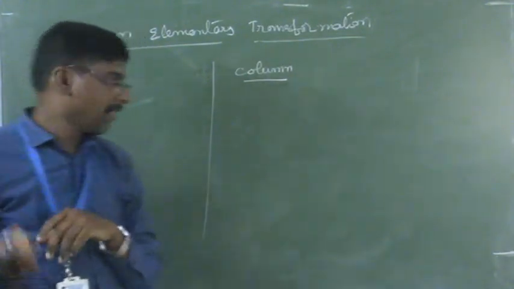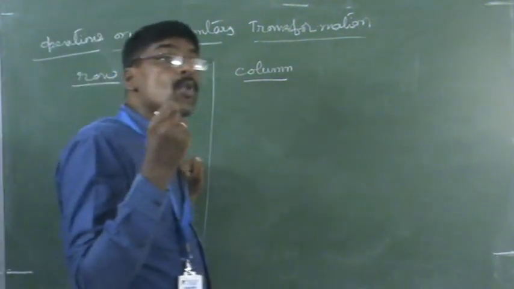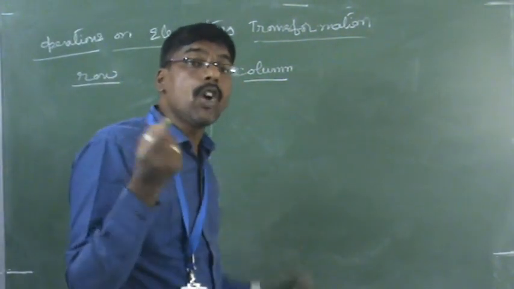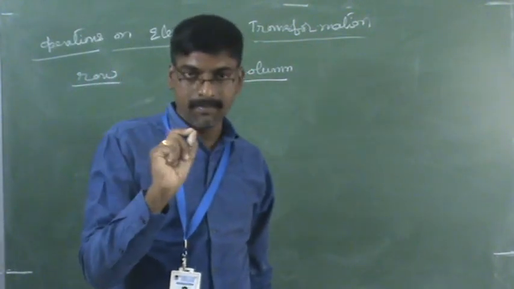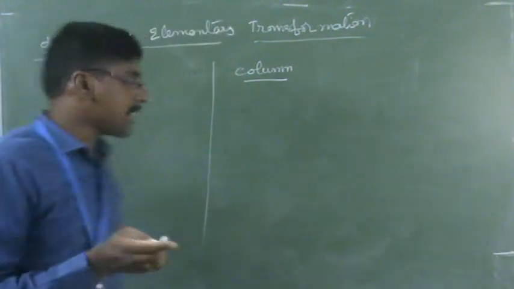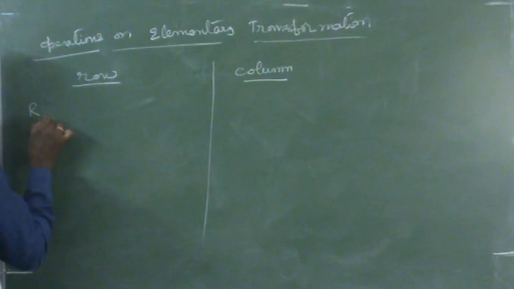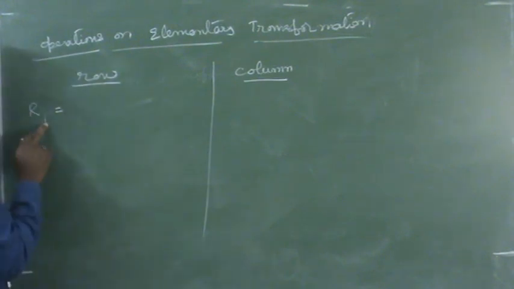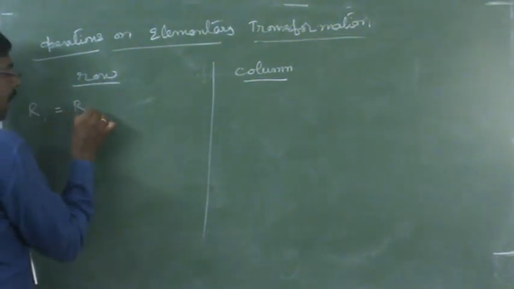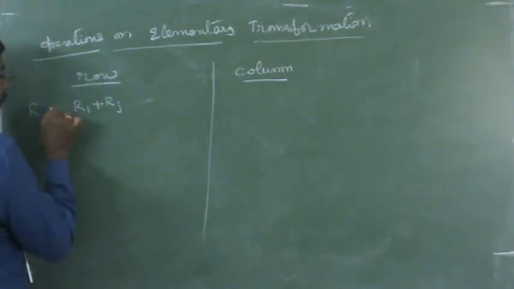What are the operations? While doing elementary transformation, adding two rows and subtracting two rows exist. We write Ri, where i can be 1, 2, 3, whatever. Ri can be written as Ri plus Rj. It exists.